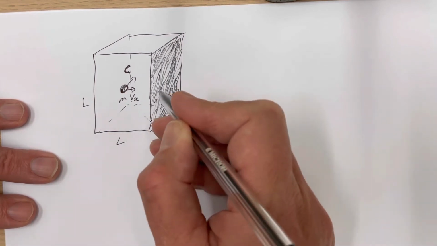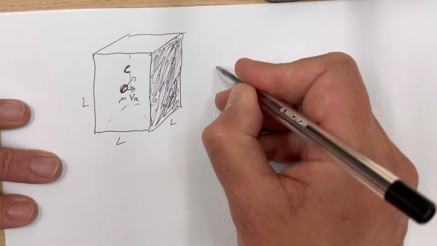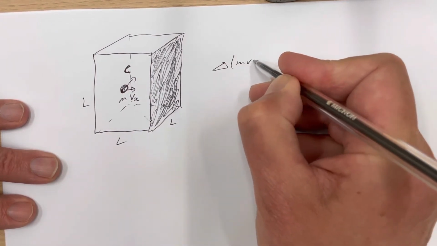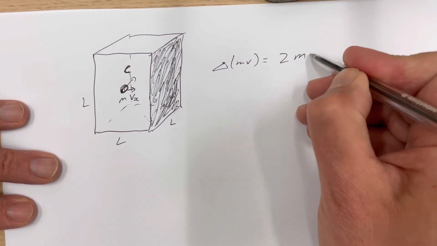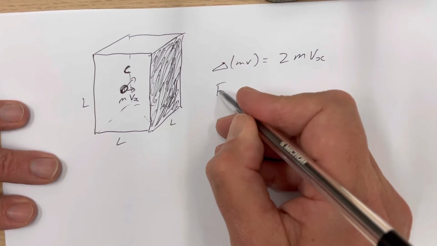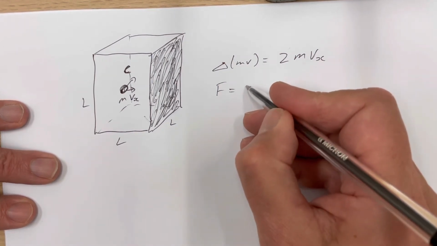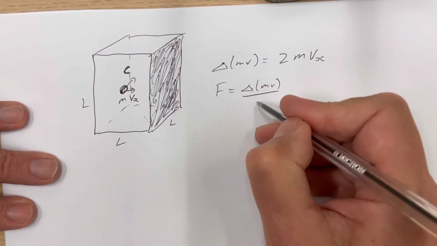It will have a perfectly elastic collision, go back the other way with momentum m v_x. So delta mv, the change of momentum during that process, is 2 m v_x.